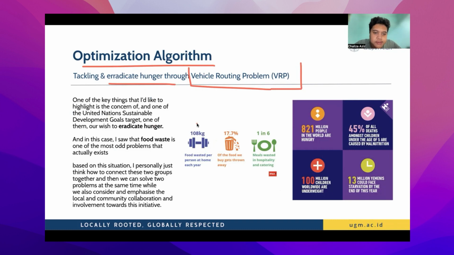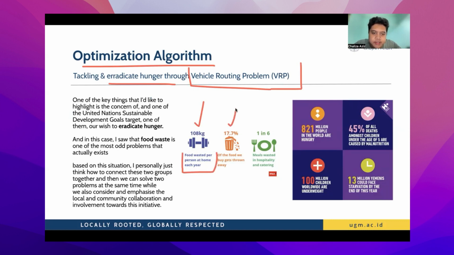As we can see here on my screen, we have some numbers on food waste. I think it's a really dumb problem, and really unnecessary. As we can see, there are about 108 kilos of food wasted per person per home every day. So maybe it's you and me. We waste 1 quintal of perfectly good food every year.